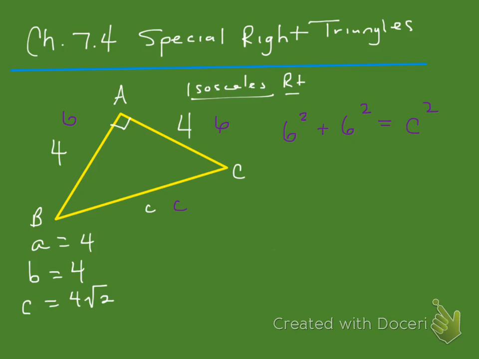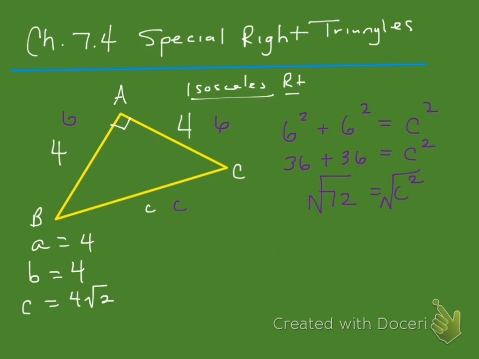6 squared is 36, plus 36 is 72, is equal to c squared. And now I want the square root of 72 to get c. So the square root of 72 is 6 square roots of 2. Actually, let me go back.